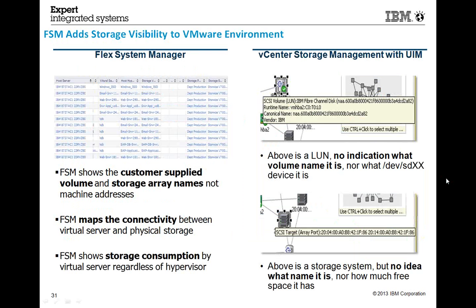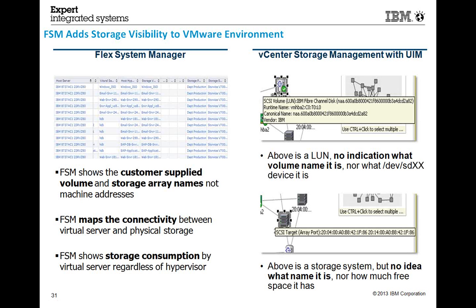Now, the V7000 is connected via the FSM, and as you can see on the left-hand side of the screenshot, you're seeing the various servers, you're seeing the host type, and then you will see the storage name also. Now, that gets integrated into the vCenter storage management as well.